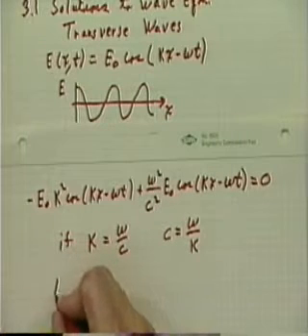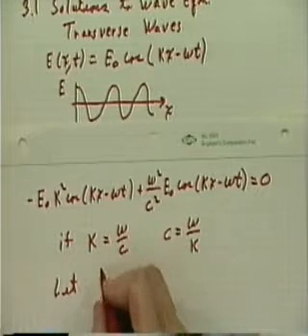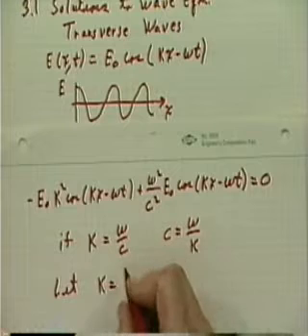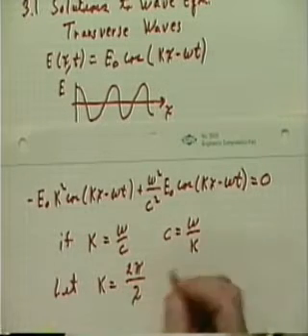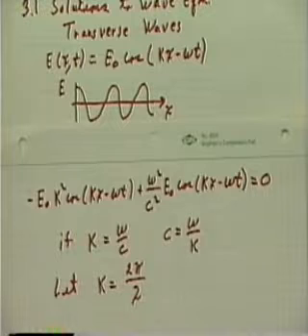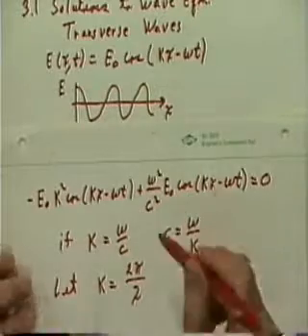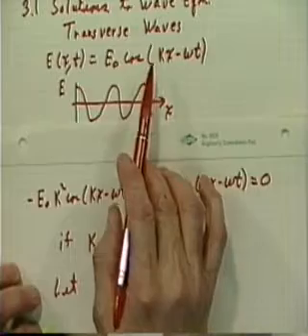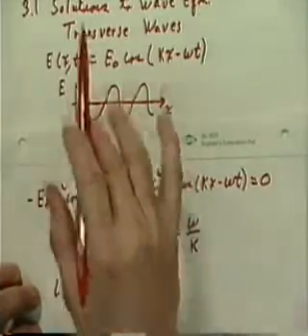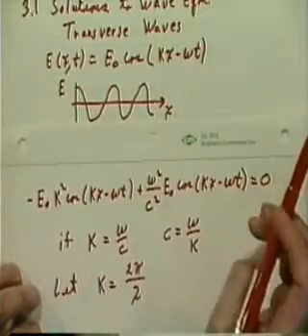And the other thing that we often do is we let k, whatever k is, be equal to 2 pi divided by lambda, which is what we will know as the wavelength. Okay?